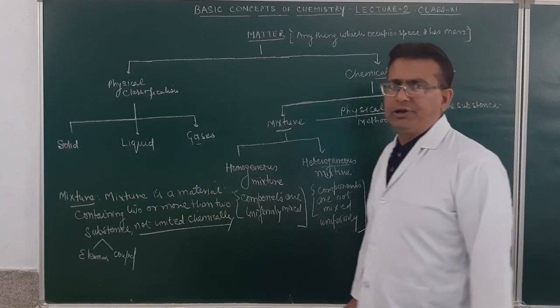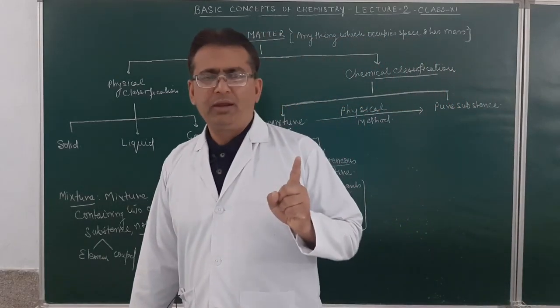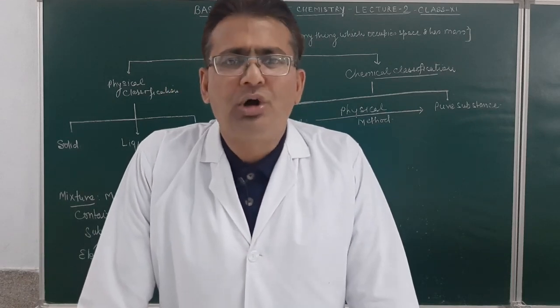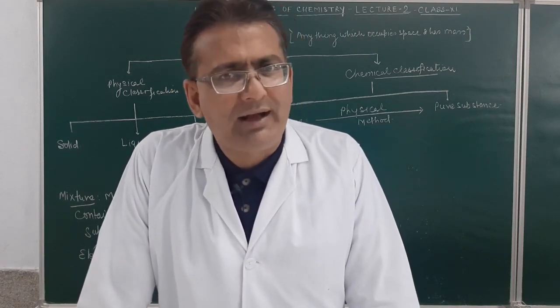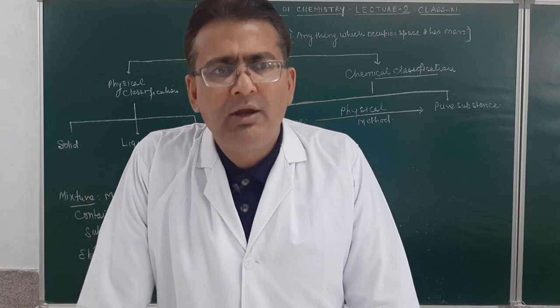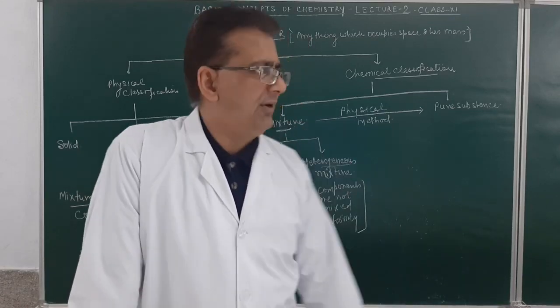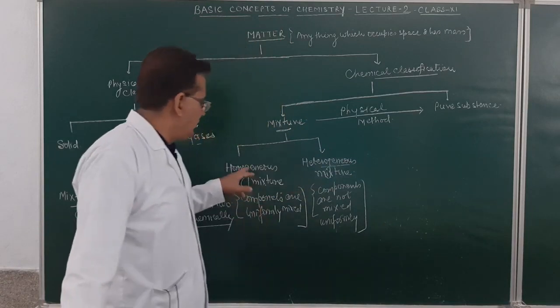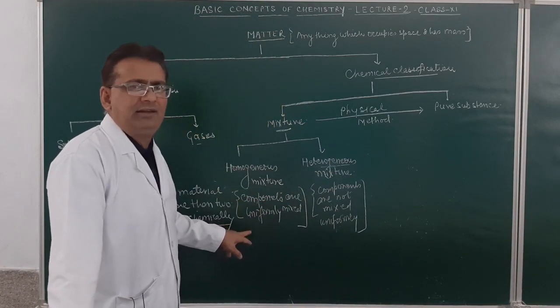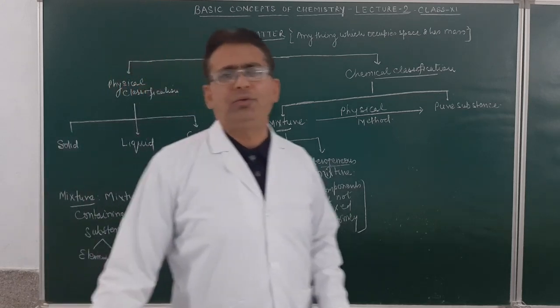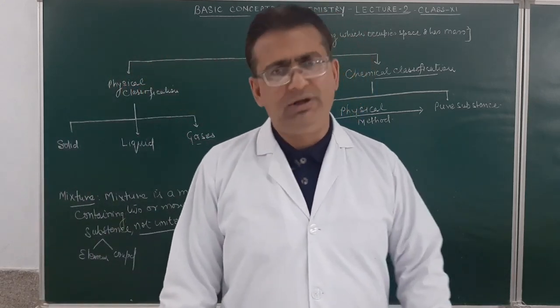Tell me, am I getting it clear or not? What is a mixture? It is a material containing two or more than two substances which can either be element or compound, not united chemically. If a mixture is homogeneous, then the components are mixed uniformly. If the mixture is heterogeneous, then the components are not mixed uniformly.